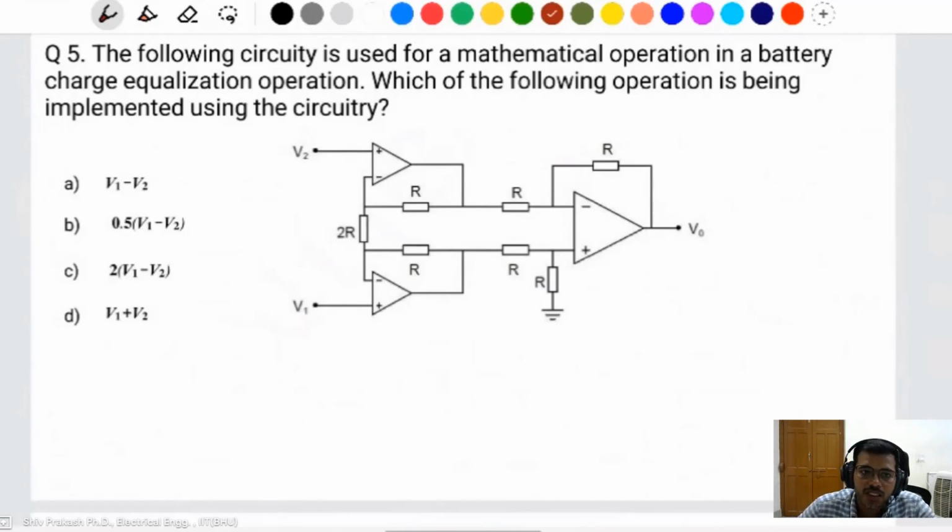You can see this is negative feedback, this is negative feedback, this is negative feedback. It means this is not a Schmitt trigger. If negative feedback is there, then you can simply use the virtual short method. Any other information is not given, it means this is taken as ideal.